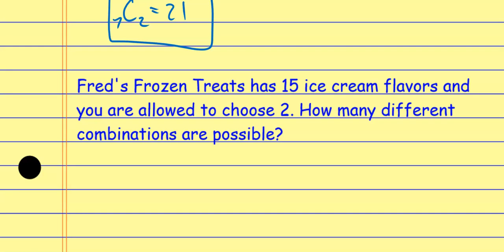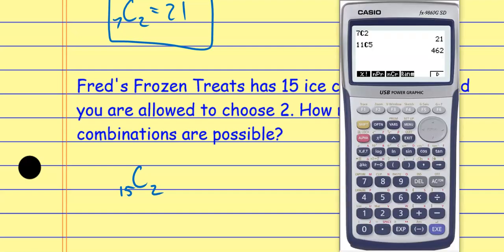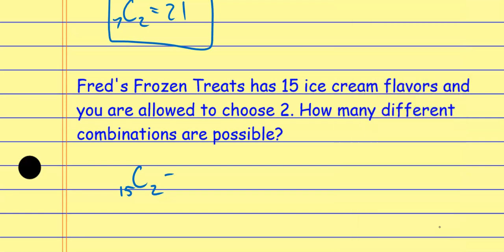Chocolate and vanilla versus vanilla and chocolate, I'm going to get the same dish of ice cream, 1 scoop of each. The order in which I said them doesn't matter. I still end up with the same thing. So it's the combination of 15, choose 2 this time. So 15, combination, 2, enter, and I get 105.